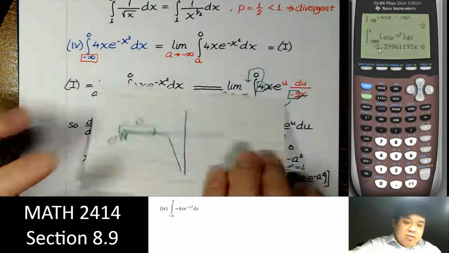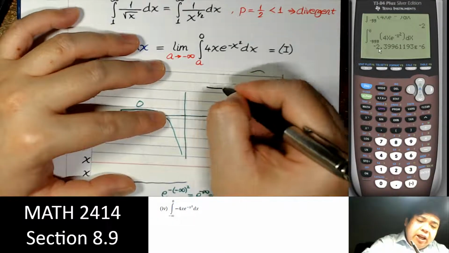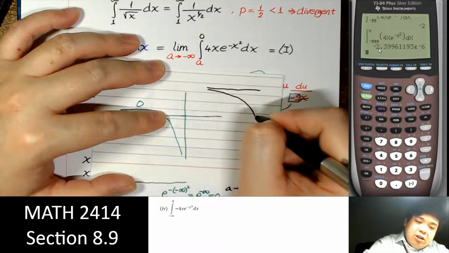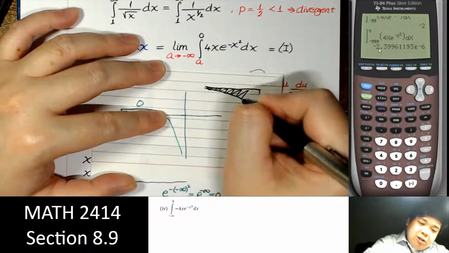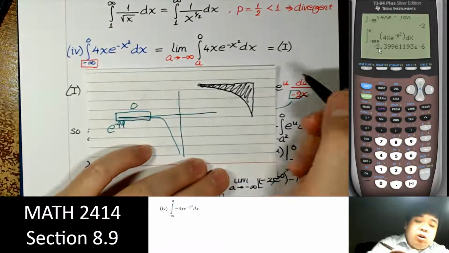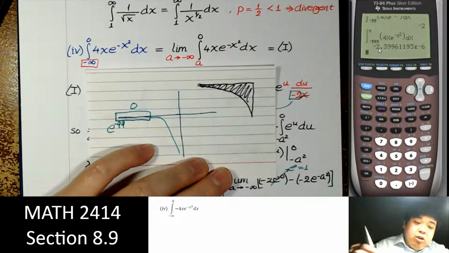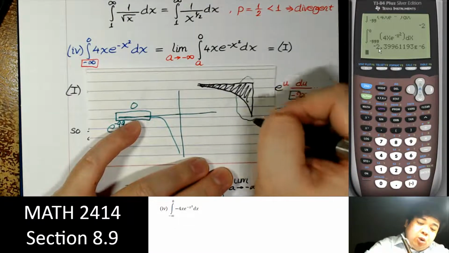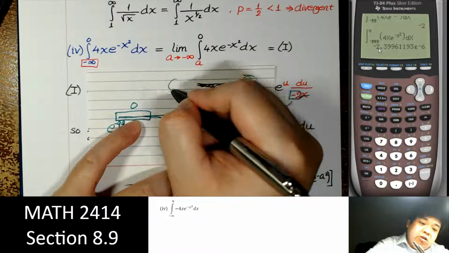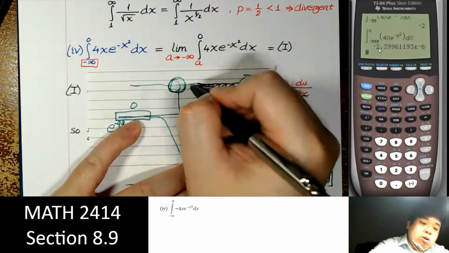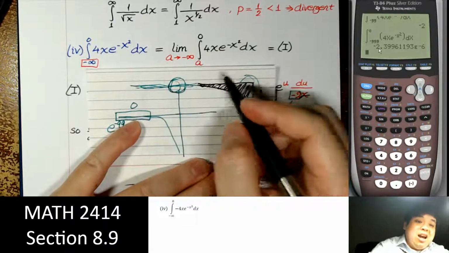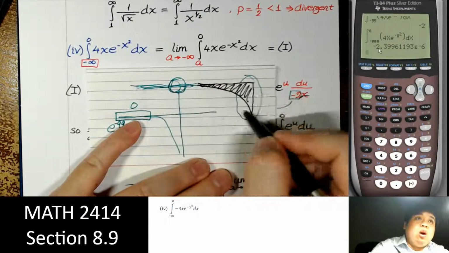Think about it this way. If we have to calculate the area, something like this, most of the area is based on the values close to 0 and not the values close to here. So we can choose 1,000 points more on this side. The area here is too small compared to what we have here.